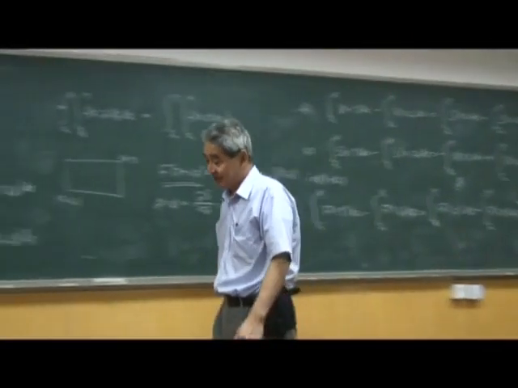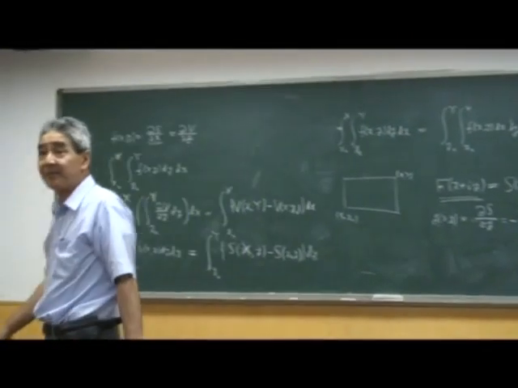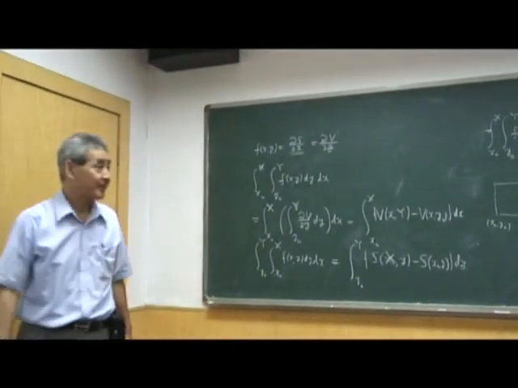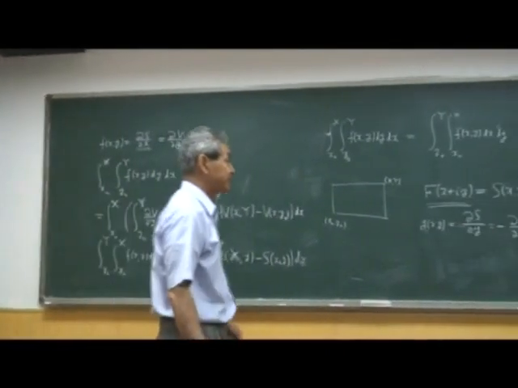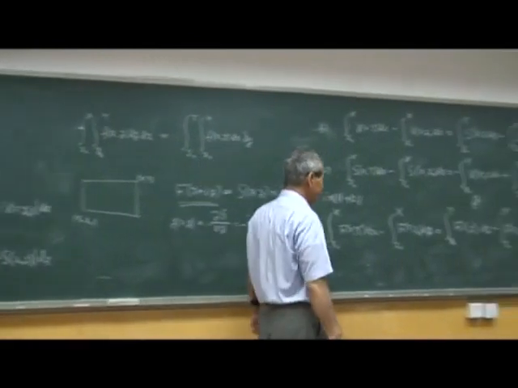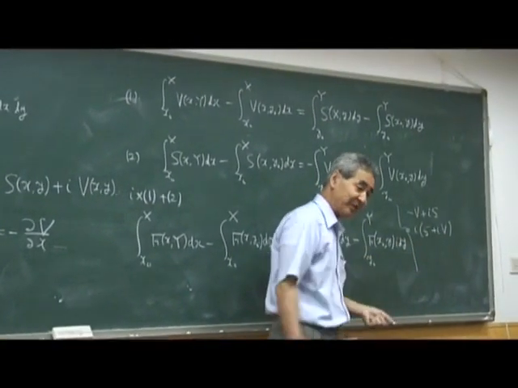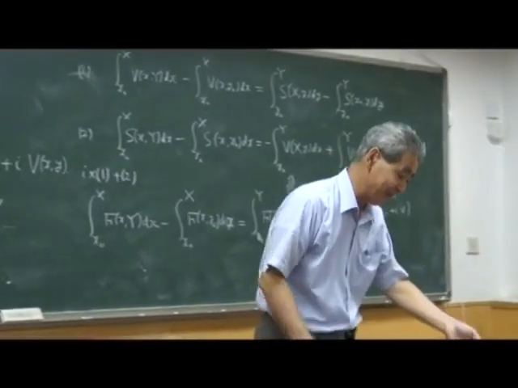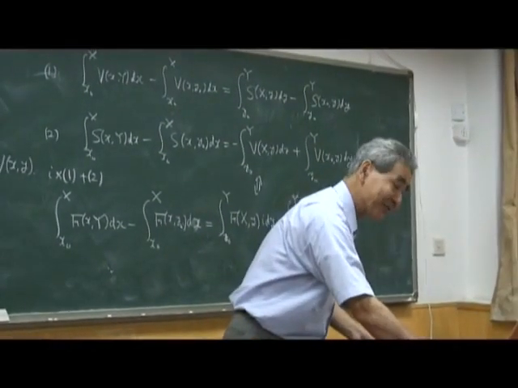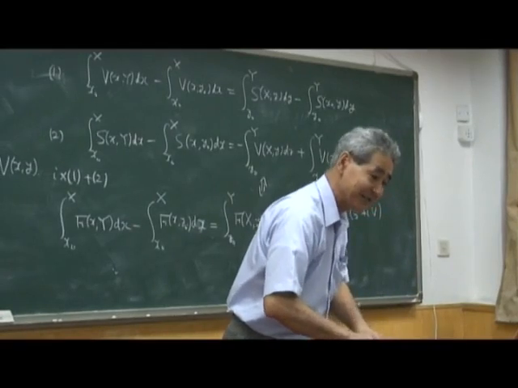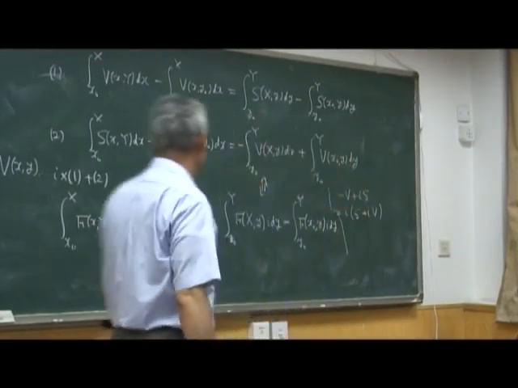And now what does this mean? So Cauchy wrote an i dy, so that means that he wanted to integrate in the imaginary direction in some sense. Okay.